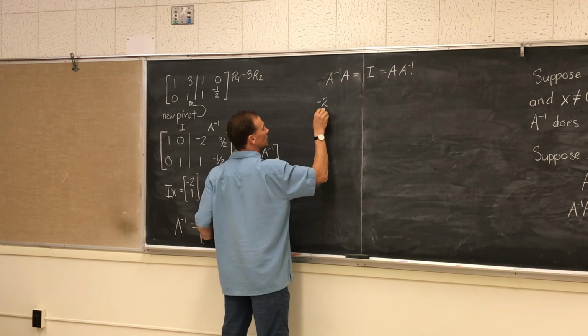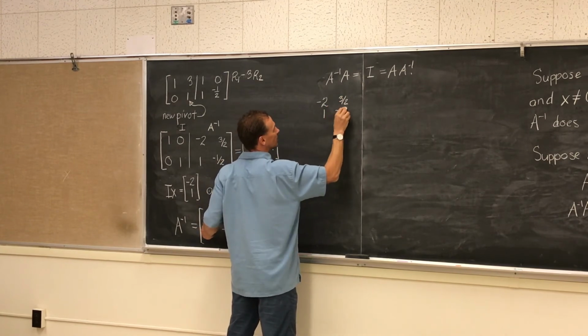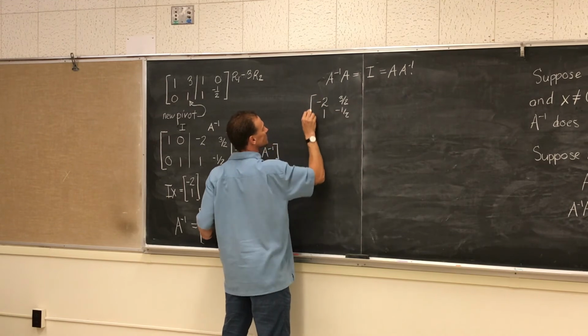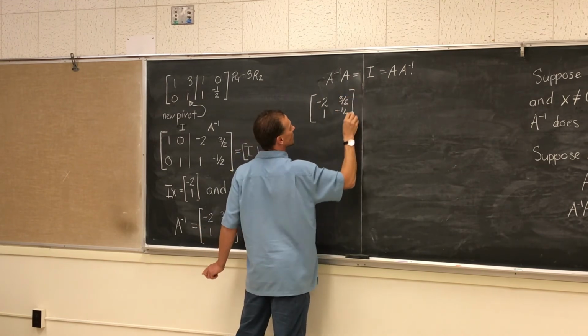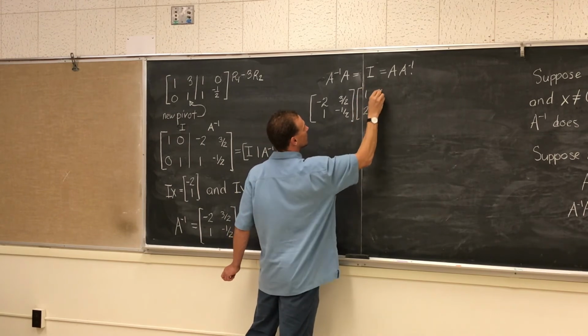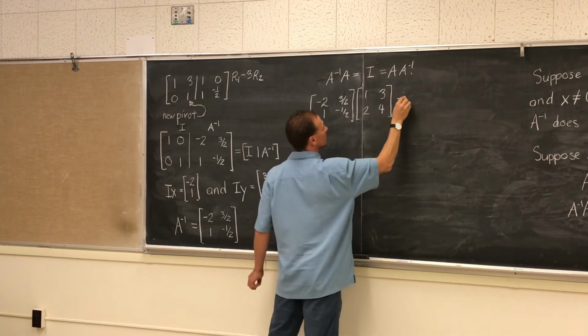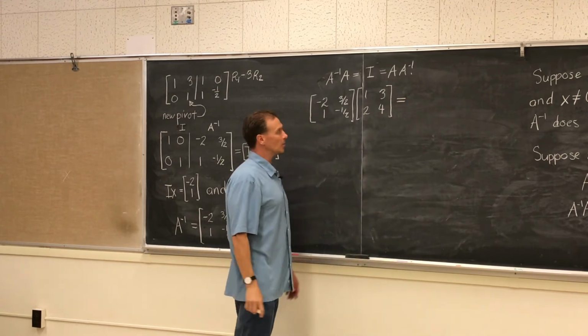Minus 2, 1, 3 halves, minus 1 half, times A, 1, 2, 3, 4.